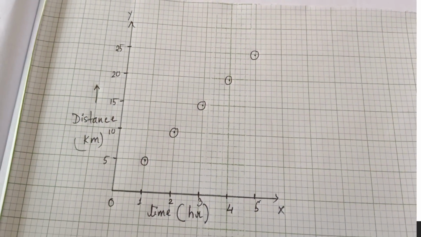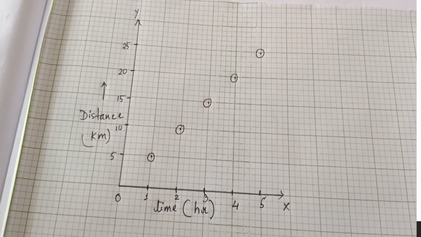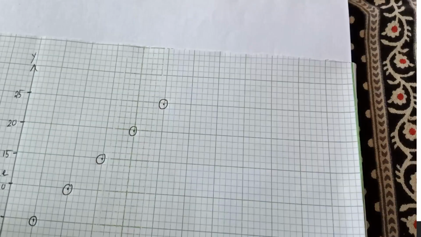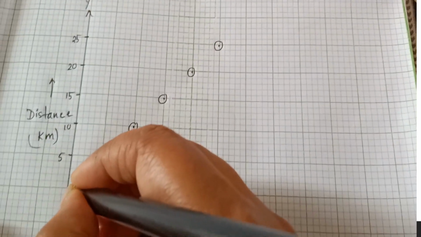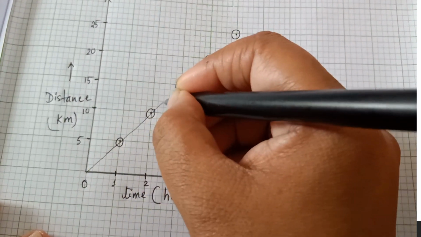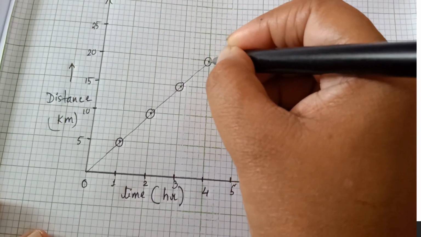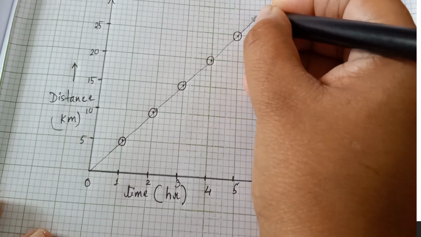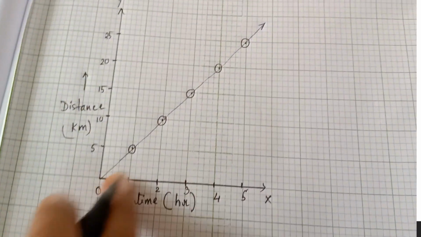Now you have to join them together. Not getting my scale, so just I am joining with my hand, children. You will use a scale while doing so. So see, children, you are getting a straight line.